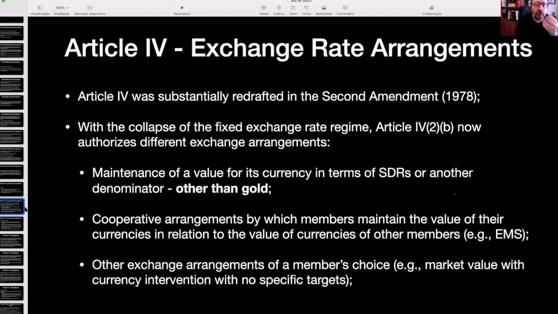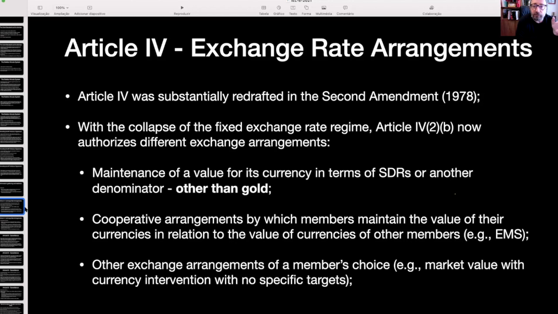So they have to value their currency in terms of special drawing rights or some other common denominator, but not gold. So gold is excluded from performing a monetary role. On the other hand, you can have these cooperative arrangements like the European monetary system, and you can have any other system that you want other than using gold.